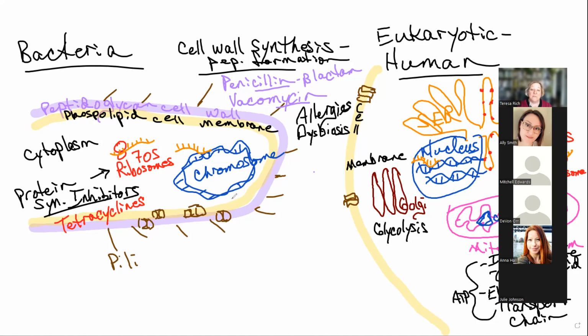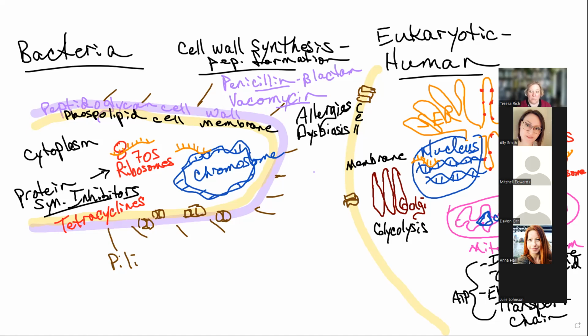Also relatively low side effects. Because over here, we've got 80S ribosomes and they're just the wrong shape for tetracycline to bind to, so it doesn't bother our ribosomes out here in the cytoplasm.